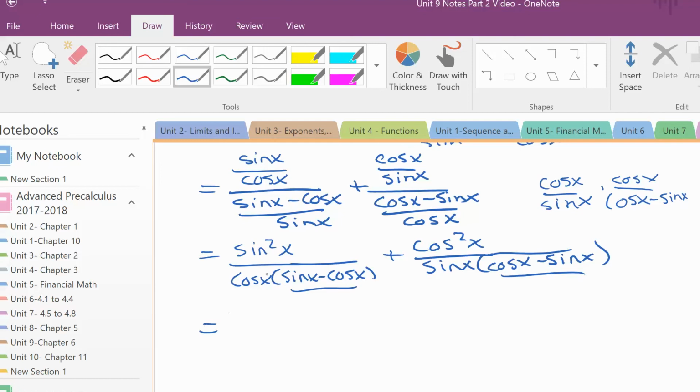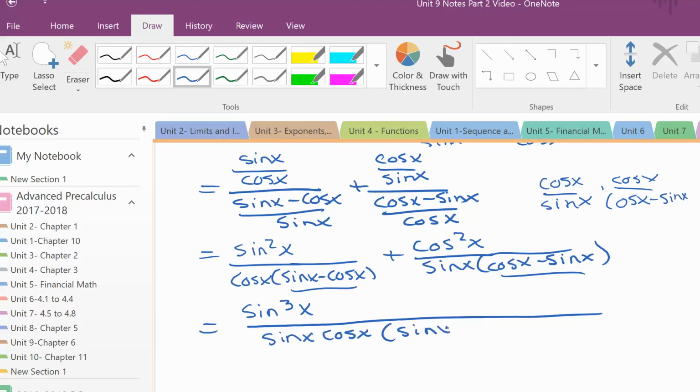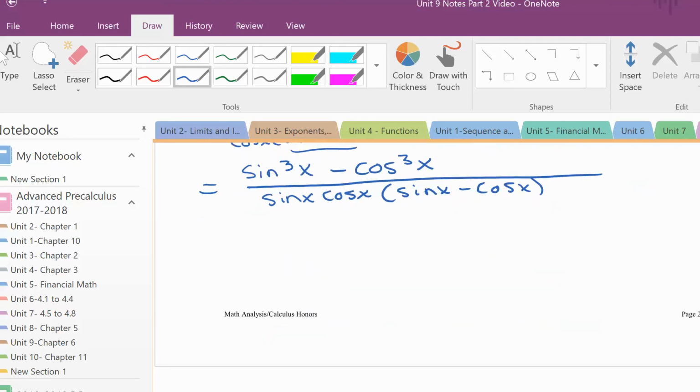So if I multiply this side by sine, I get sine to the third. And then I'm going to have sine x cosine x times sine x minus cosine x as my common denominator. And here I need to multiply by negative cosine. Now I have a common denominator. So now I can factor this.